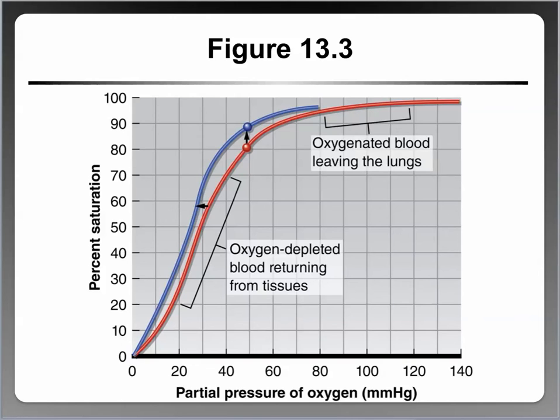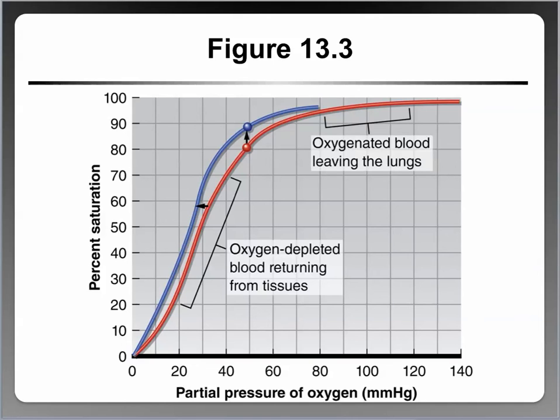So for any given partial pressure, let's say a partial pressure of 40 at normal altitude, you dissociate or give off about 30% of the oxygen, so it's still 70% bound.